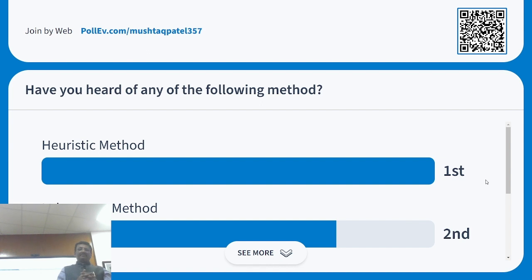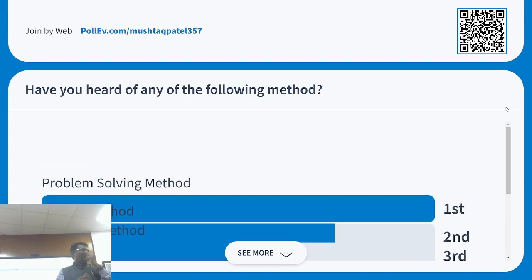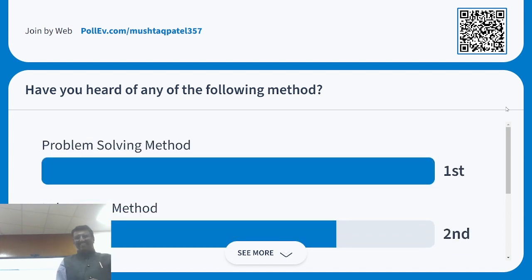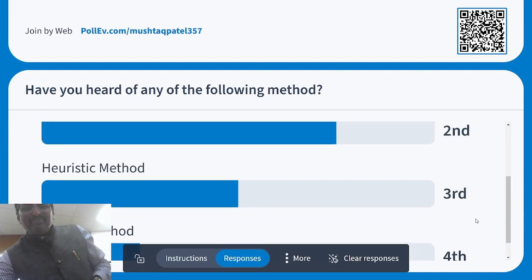Okay, I have not given an all option. It's good that our science teachers at UG level also know these methods of teaching. Very interesting. This is the first time I am interacting with such a group, so it's very pleasant. Let us go to next. Any method which you have not heard?